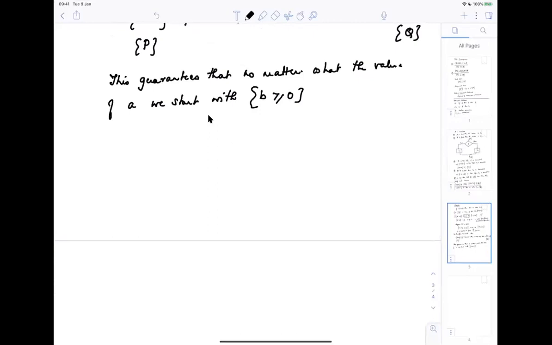Let us look at the second variant of the if statement. If B then S. What does this rule look like is what we are interested in.